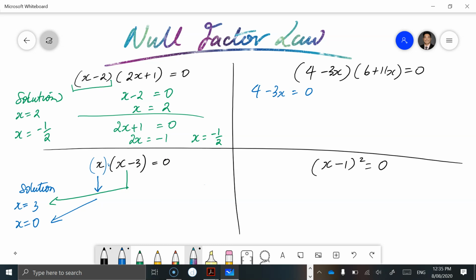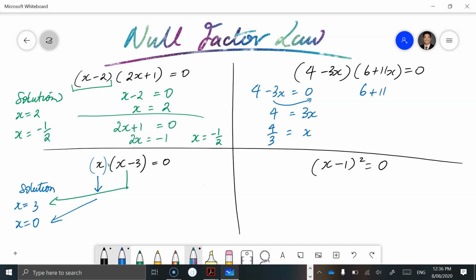I like to keep things positive, so let's move the negative value to the right hand side, though it doesn't really matter if you want to keep it on the left. We have 4 is equal to 3x, and dividing both sides by 3, you have x equals 4 over 3. So that's going to be one solution.